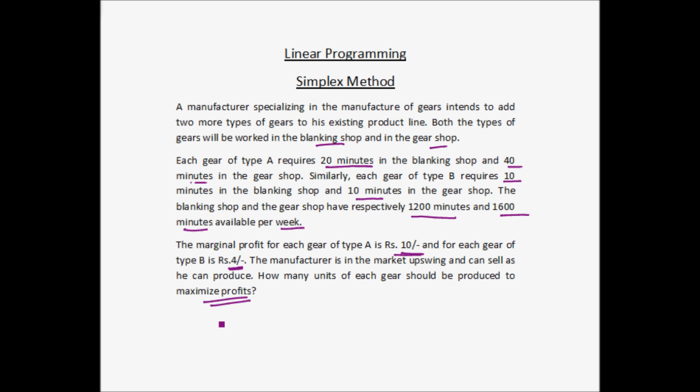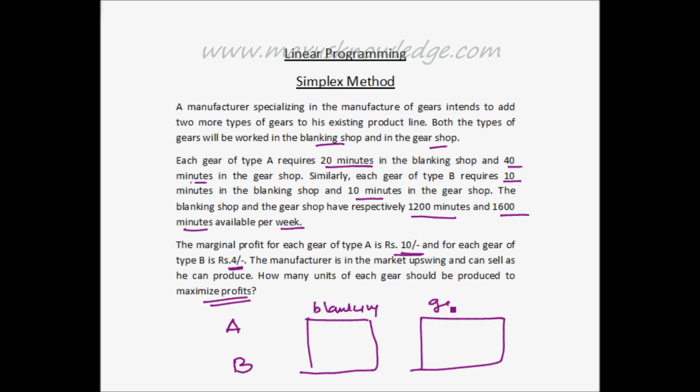So basically, this manufacturer is in the business of manufacturing gears, and he wants to add two more types of gears to his product line. Let's say the first type of gear is type A and the second type of gear is type B. Now both these types of gears have to go through a blanking shop and a gear shop.